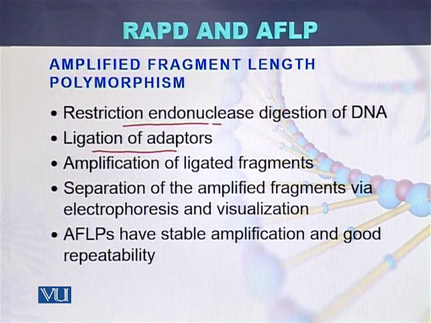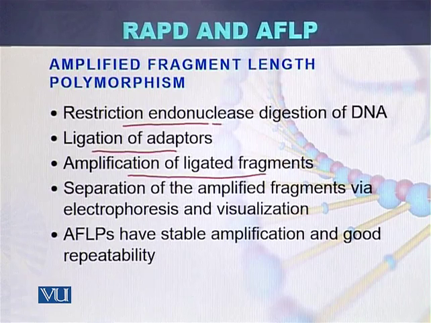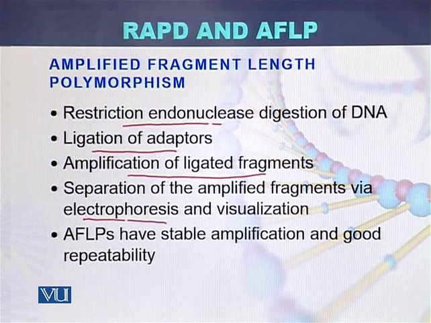Once adapters are attached, then there is amplification of the ligated fragments, meaning those fragments that have the DNA and on both sides of the DNA there are adapters. Once they are amplified, then those ligated fragments or the amplified products are separated with the help of gel electrophoresis and they are visualized. So AFLP has stable amplification and good repeatability as compared to RAPD.